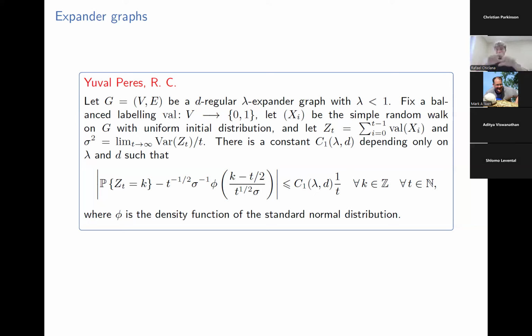So I will have 1 trillion vertices. Around the middle, I will put all my zeros, and then my ones will be at the boundary. And since we are considering a simple random walk, we cannot move to the boundary in one step. We have to move little by little. So one could think, well, it could take thousands of steps or millions of steps until we reach a one.